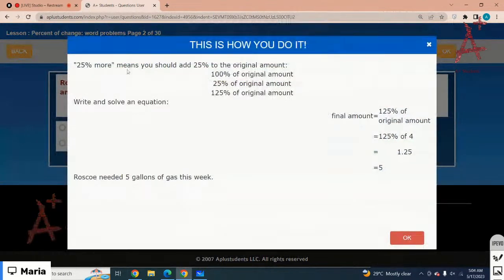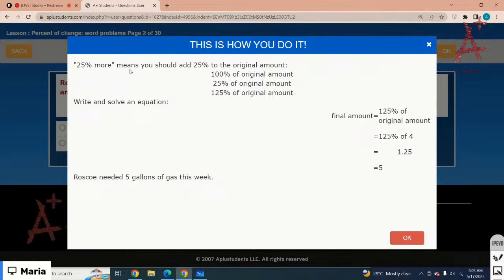Okay, 25% more means you should add 25% to the original amount. So 100% of the original amount, and 25% you have to add more, so it makes 125%. Got it? So basically you need to calculate 125% of 4.